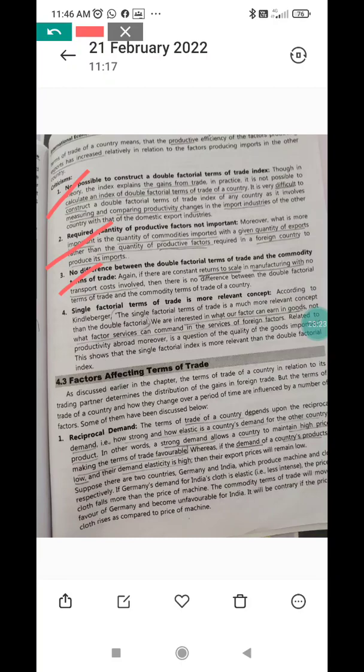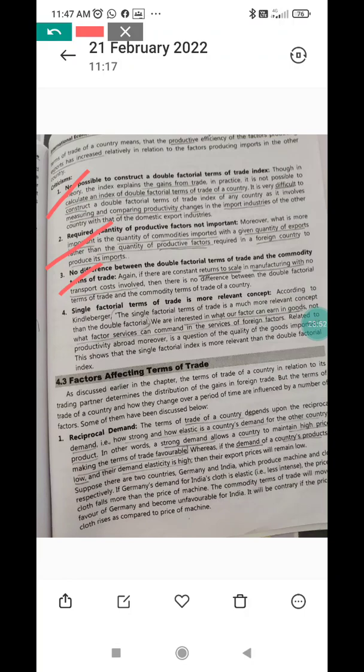So, single factorial terms of trade is the most relevant concept. They have told here the interest is what our factors can earn in goods and not what factor services can command in the services of the foreign factor. Related to the productivity abroad, moreover, is a question of the quality of the goods imported. So, the single factorial index is more relevant than the double factorial index.